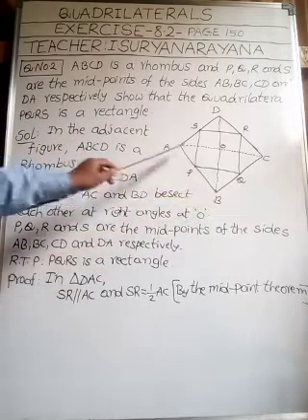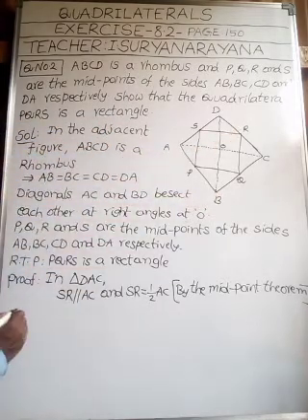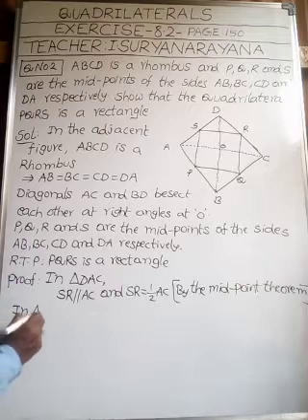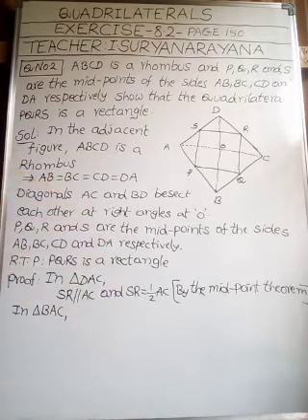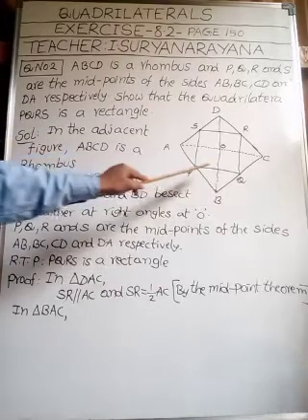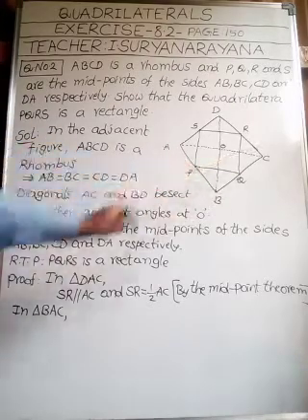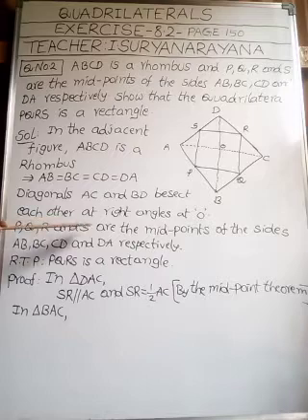Similarly, in triangle BAC, these two points are midpoints of the two sides AB and BC respectively. We have already taken midpoints.